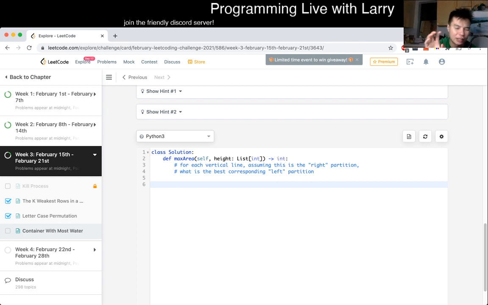Okay, so here's what I'm going to do. I'm going to write the naive algorithm first, and then we'll talk about how to optimize it. So we do a for right in range of n, where n is equal to the length of heights.